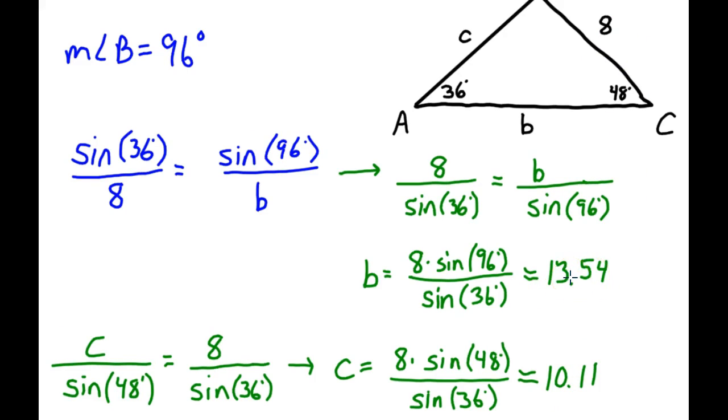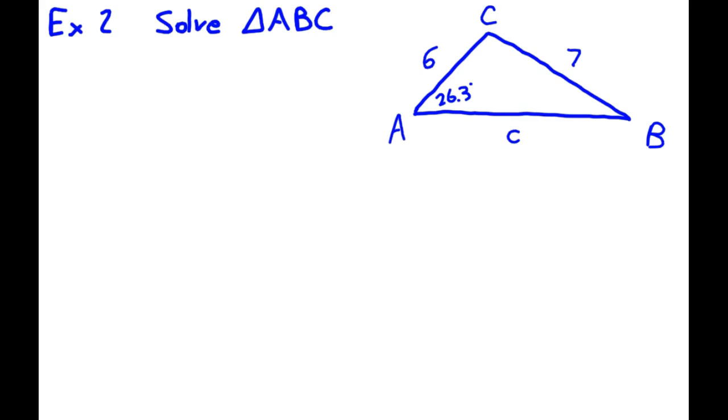So 13.54 is the longest side, and that should be opposite the largest angle. So here's 13.54, opposite 96 degrees. That works. The smallest angle was 36, opposite the shortest side. So that's one quick way you can check to make sure your results are reasonable.